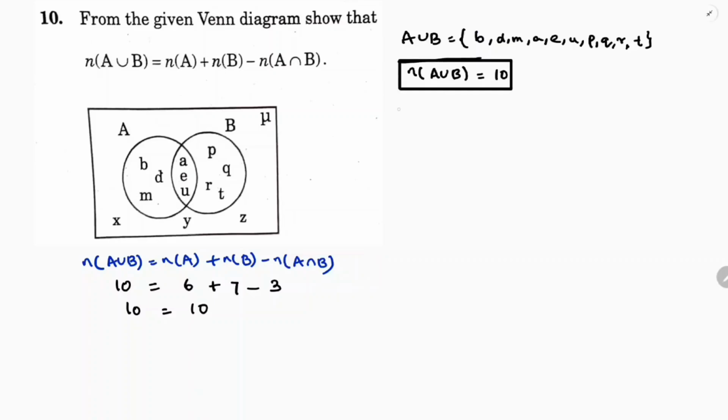Next, number of elements in A. First write what is set A. In A, we have B, D, M, A, E, U. Set A means you need to see only this circle. So the number of elements in A, the cardinal number, is 6.